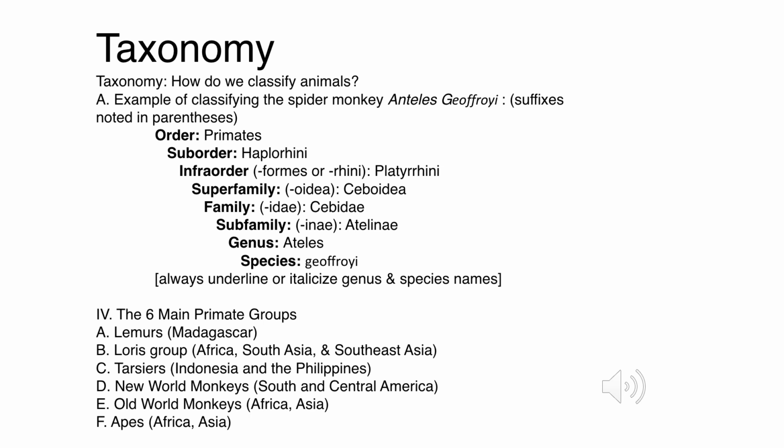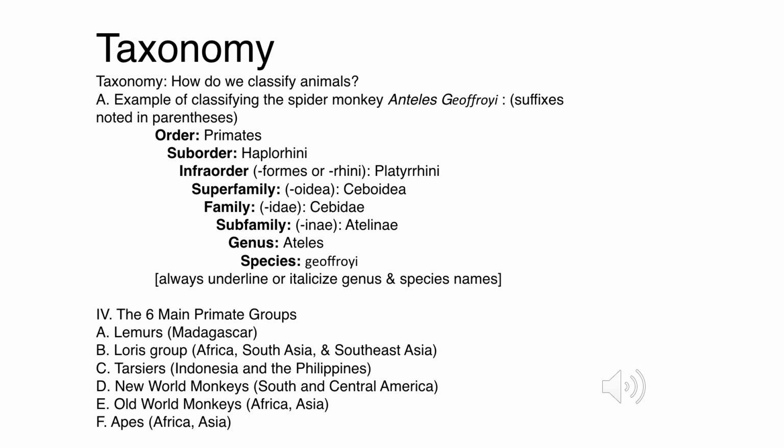Now we're going to move over to genus, which is Ateles. And our species, which you don't see there because we've just kind of skipped that and gone to the common name. But that's where we find our geoffroyi. All of our spider monkeys are going to, that's sort of a generalized. There's a few different subspecies.